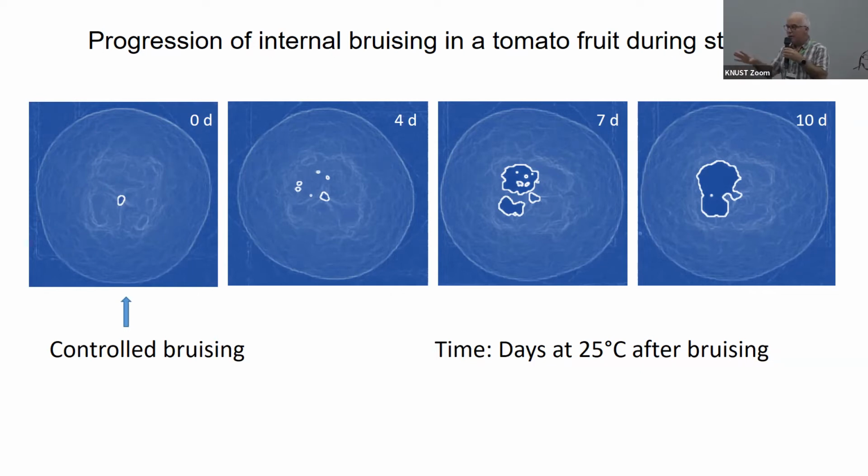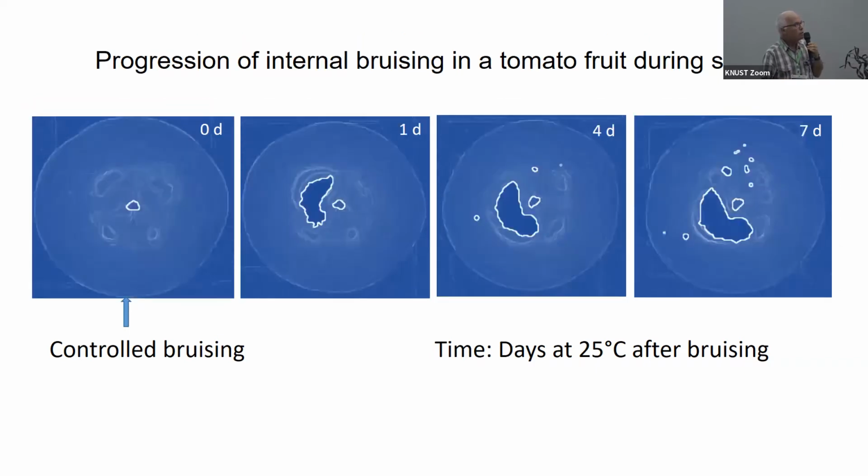Sorry, you don't see anything on the tomato. You see it only with the instrumentation, but that's there. And in this case, it's a progressive skin disorder, which is not externally visible, okay?